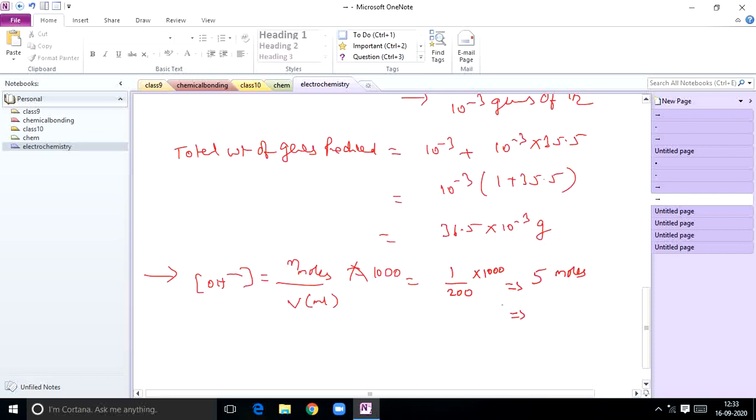Molarity is equal to N by V into 1000. That is the formula. So he is asking number of moles. Number of moles means 1. Volume 200. That is 5 moles. 5 molar you can take. That is OH minus ion concentration.